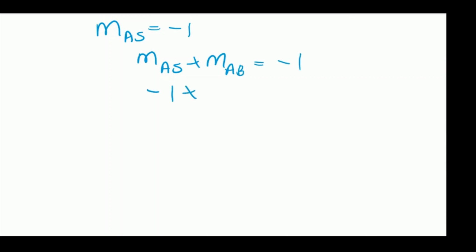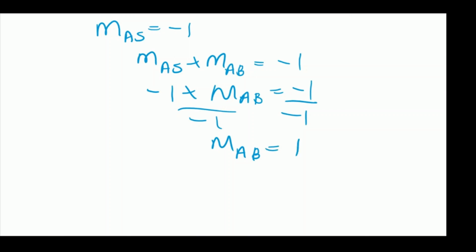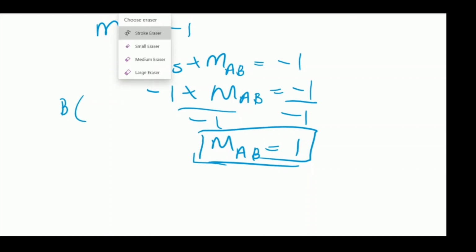So -1 times m of AB equals -1. You divide by -1 on both sides, and m of AB is equal to 1. So now we know the gradient of AB. Remember, we want to find the y value of B, which is the center of the circle.